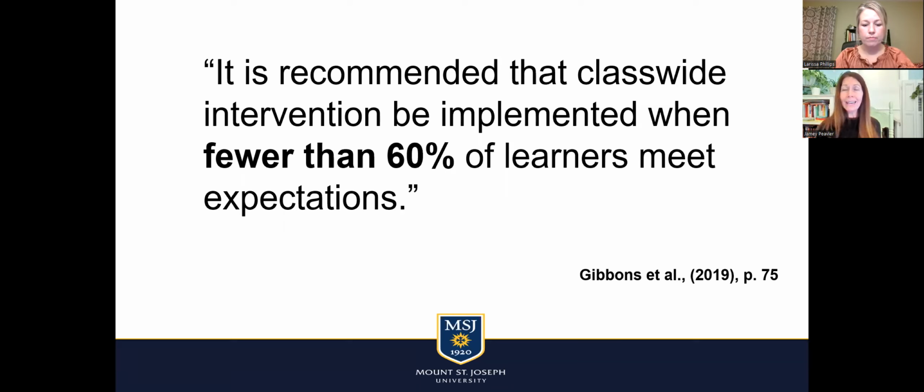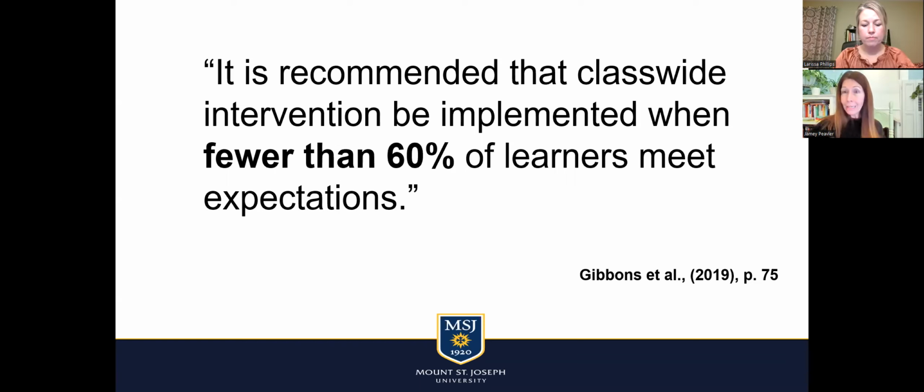And the reason for that is, if the need is that great on a skill, it is more efficient and effective to meet that need because it's shared among a majority of the students than it would be to try to meet that need in several small groups.